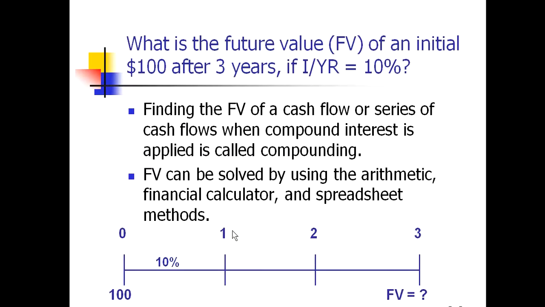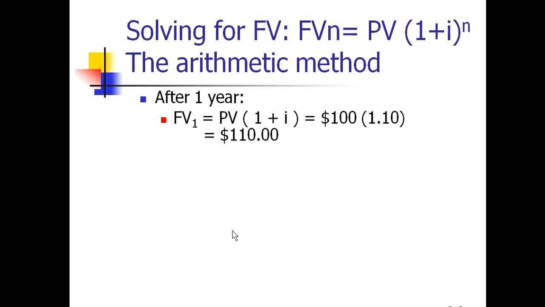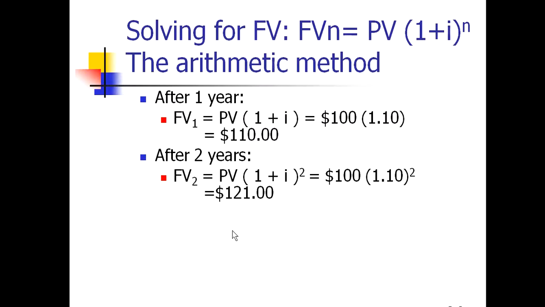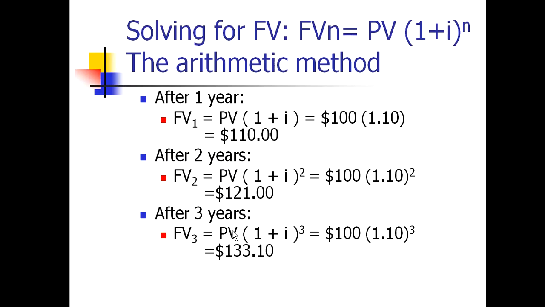Now, to understand the future value for one amount, suppose that you are planning to make a deposit of $100 for 3 years. What is the total amount that you will have by the end of the first year?